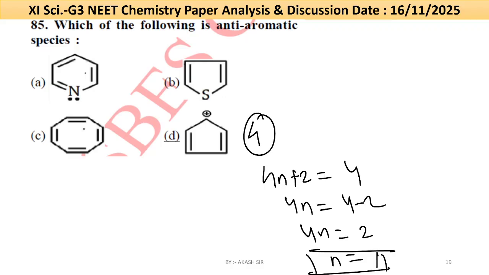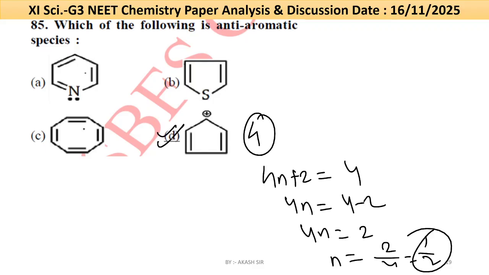anti-aromatic. Here 4n equals 2, so n equals 2 by 4, that is 1 by 2. Now it becomes 1 by 2 here.